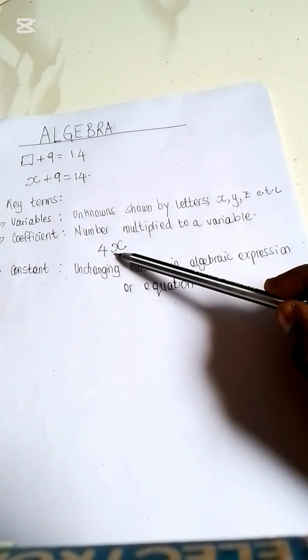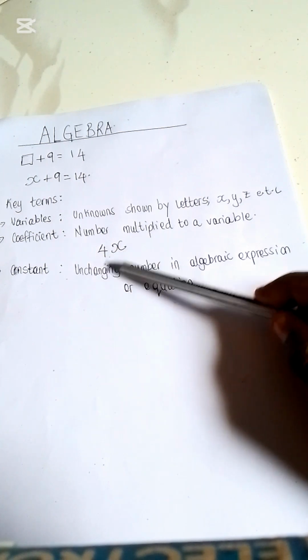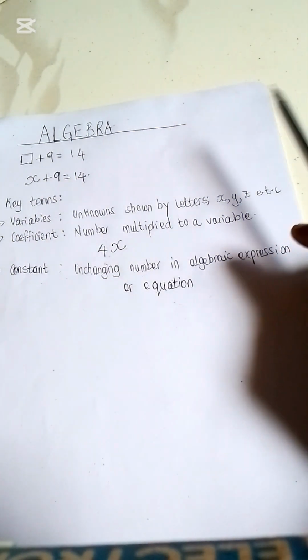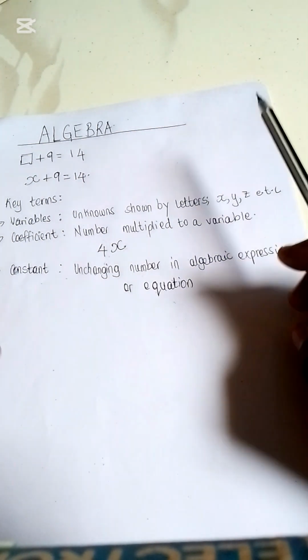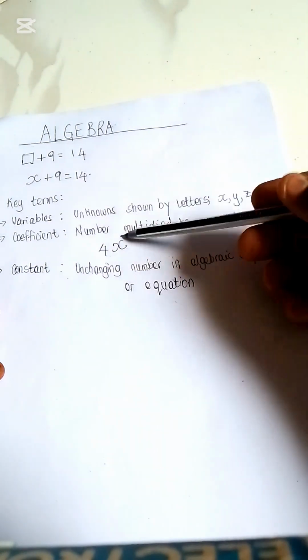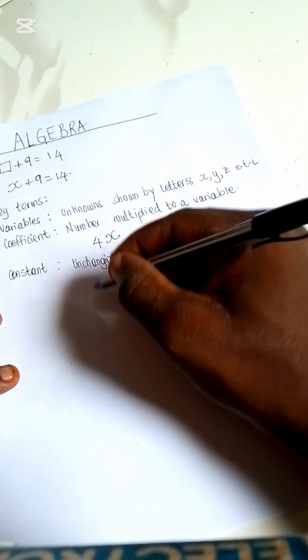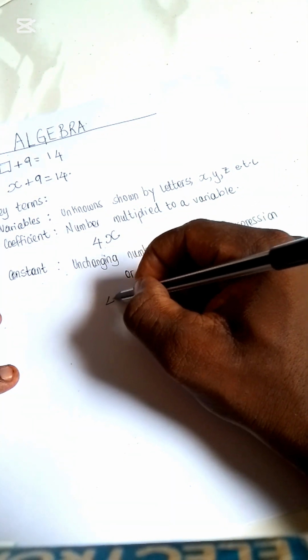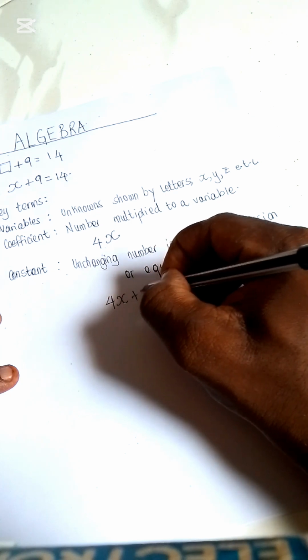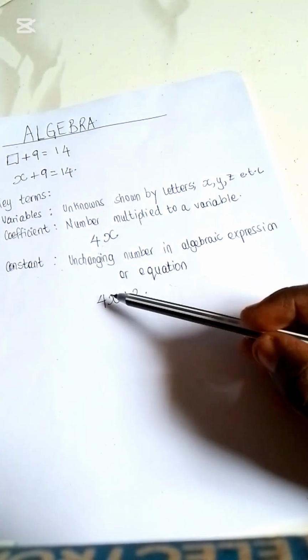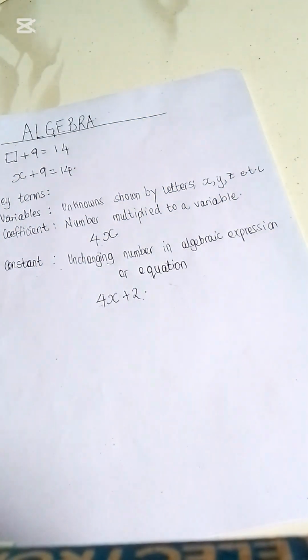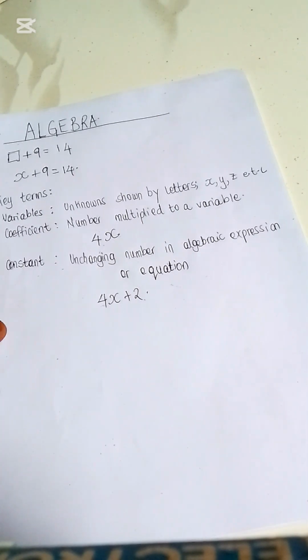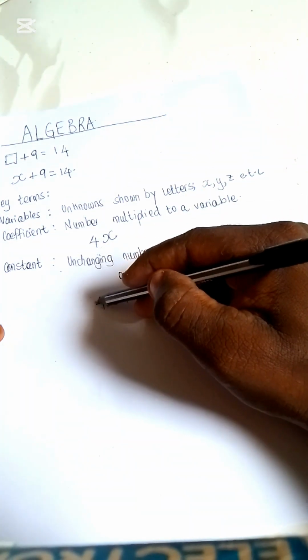Even in this example 4x, 4 is a constant, because 4 is 4, it doesn't change. Or we can have 4x plus 2. Here the constants are 4 and 2 because they do not change. They are already numbers.